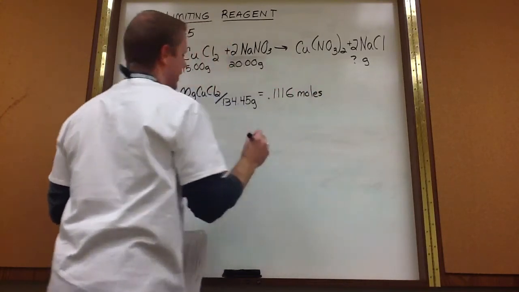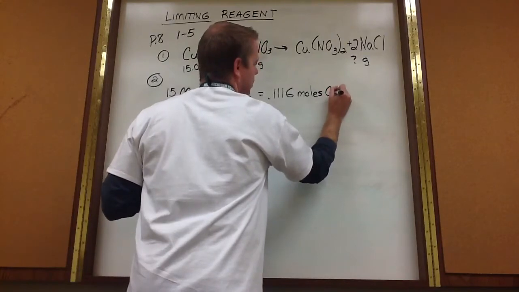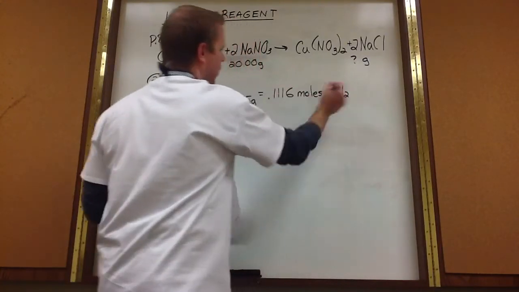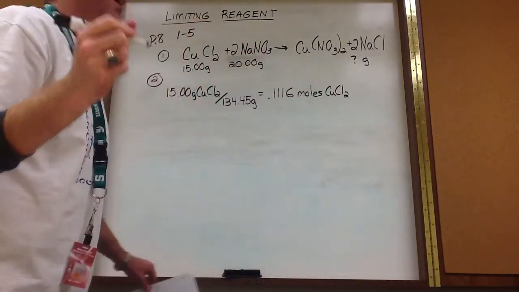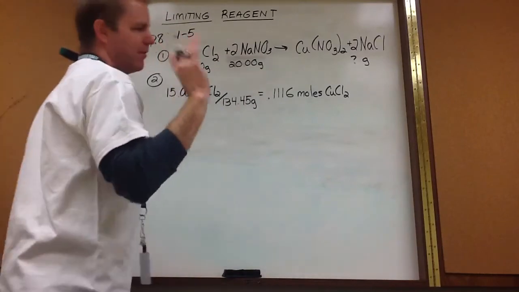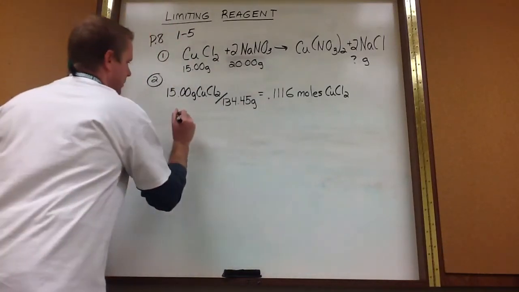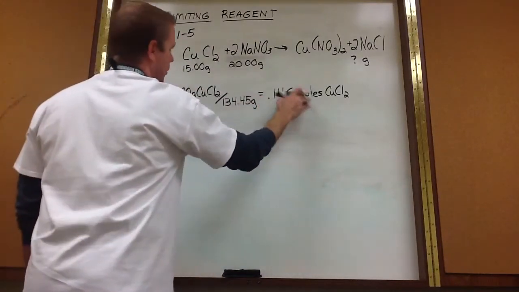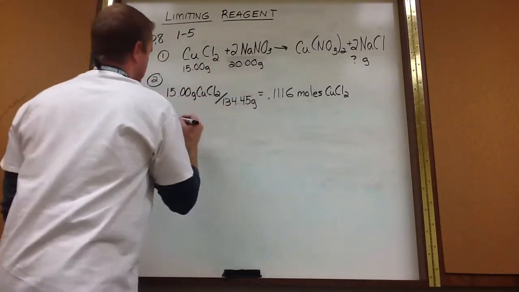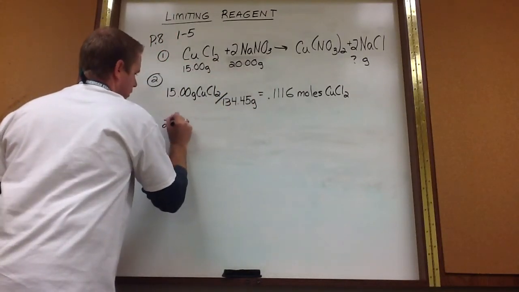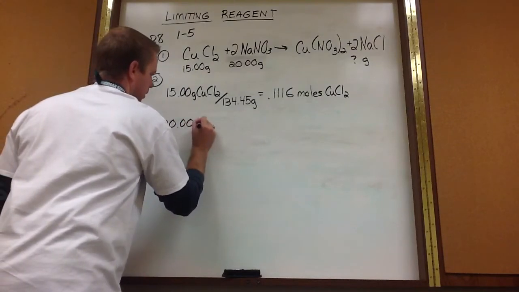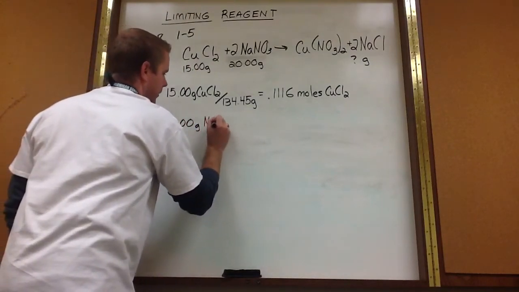Now, I usually don't care too much about significant figures here. What I do is give myself 4 or 5 digits, whatever. I'll care about significant figures later. Now that tells me how many moles I have of CuCl2. Then likewise, you had 20 grams of NaNO3, right?